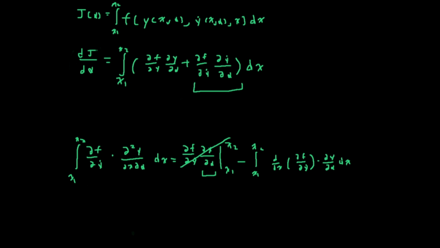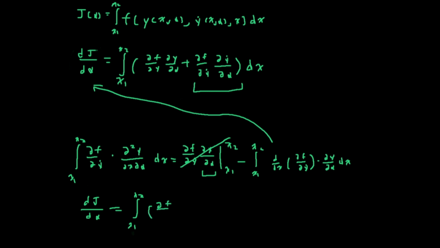So what we can do is add this back in, and we'll just factor out the dy d alpha. So the integral from x1 to x2 of df over dy minus d over dx of df over dy prime, and then all of that times dy over d alpha, and all of that with respect to x.